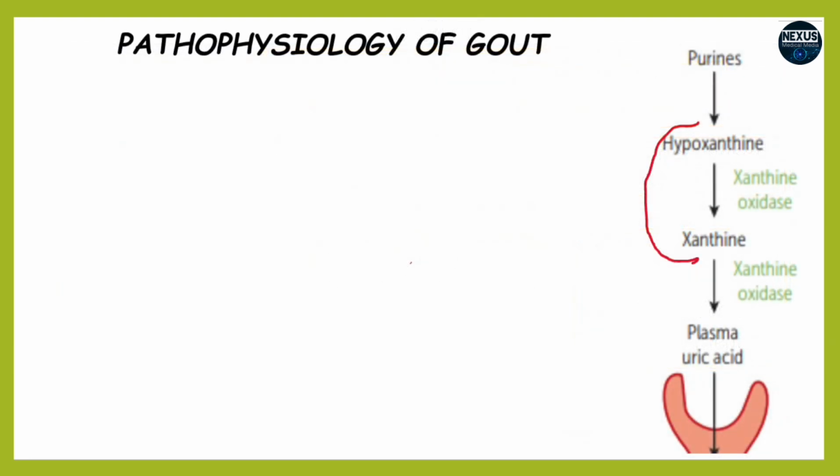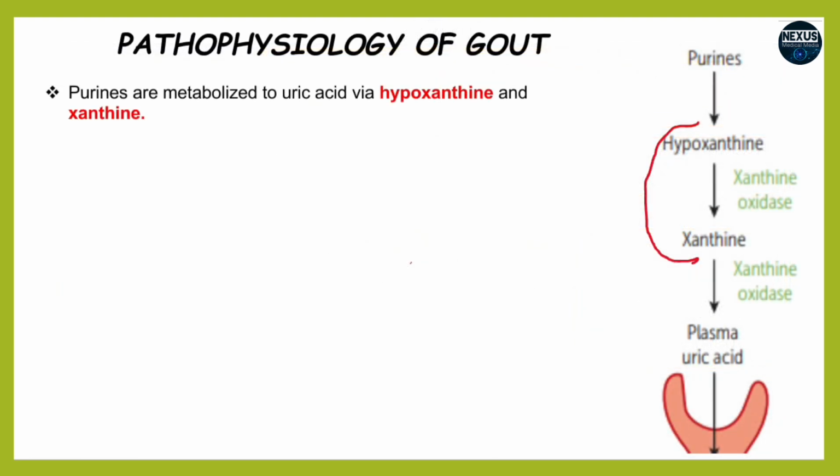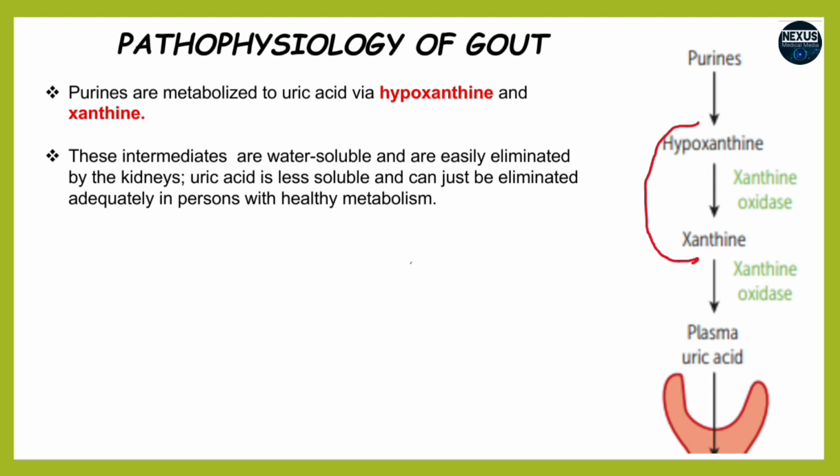Okay, let's look at the pathophysiology. So as I said, purines are metabolized to uric acid via hypoxanthine and xanthine. These two intermediates are water soluble and they are easily eliminated by the kidneys. But uric acid is less soluble and can only be eliminated adequately in persons with healthy metabolism.